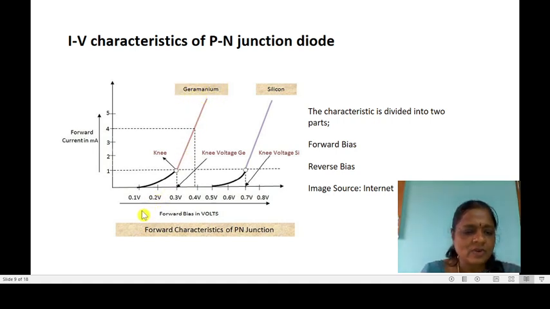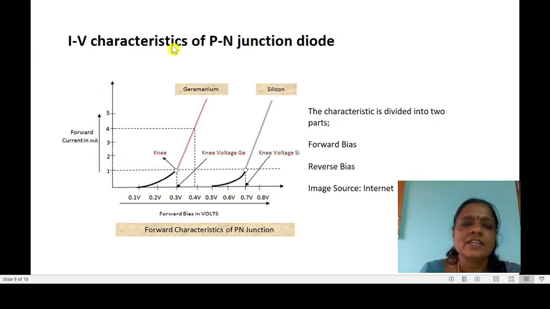Here, what are IV characteristics? I is current, V is voltage. We change the voltage and see what happens to the current.